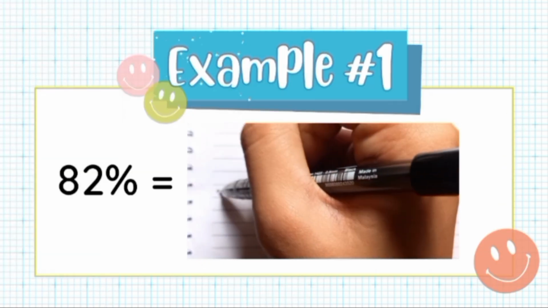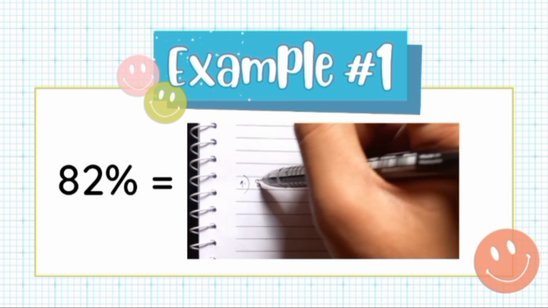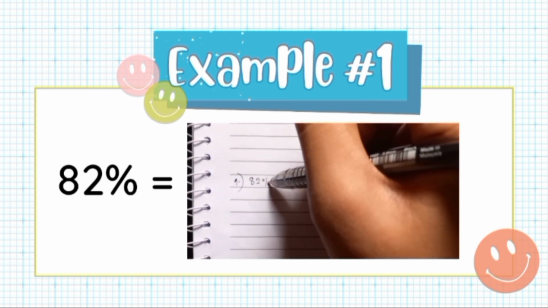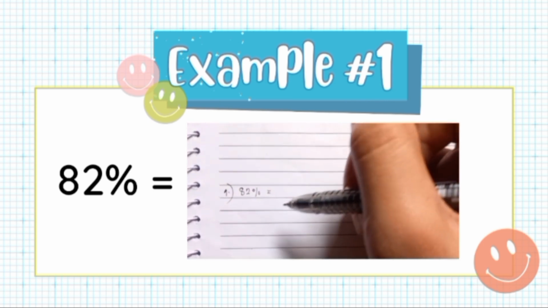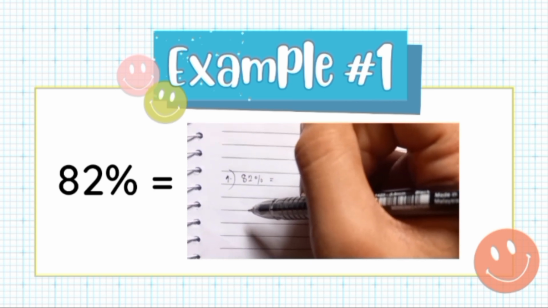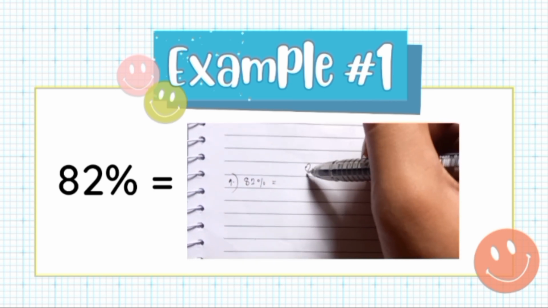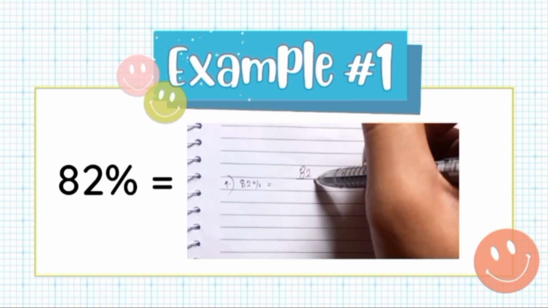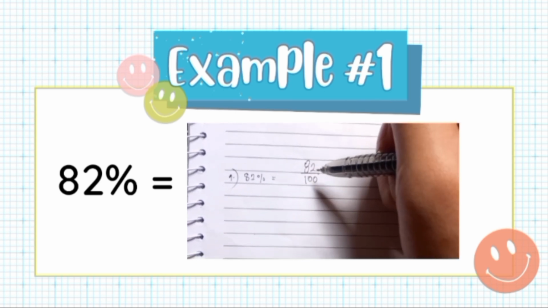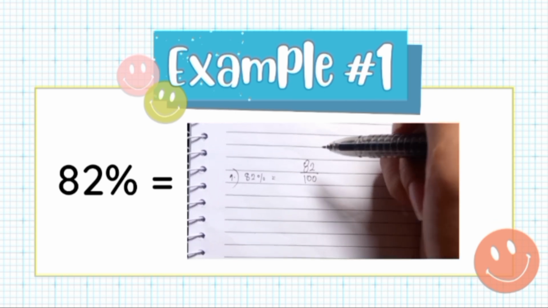Let's take a look at this example. We have 82%, so that means 82 out of 100, or 82 per 100. So our fraction would be 82 hundredths, or 82 over 100. That's how you put a percent into a fraction.